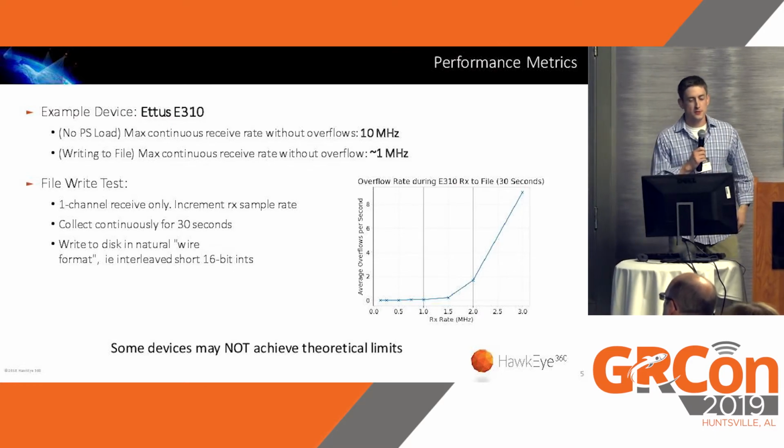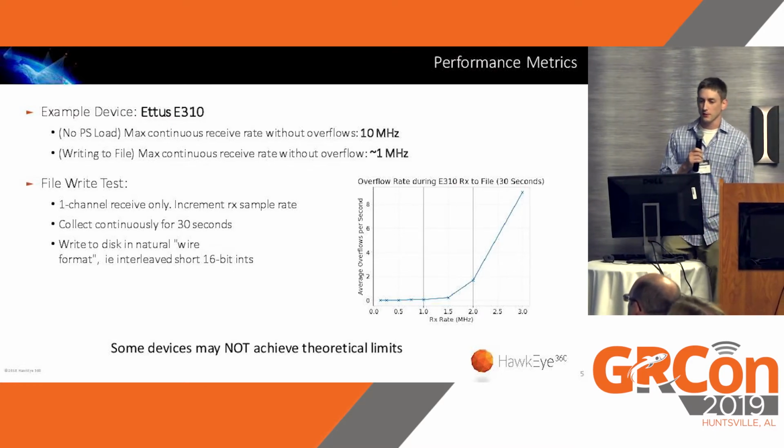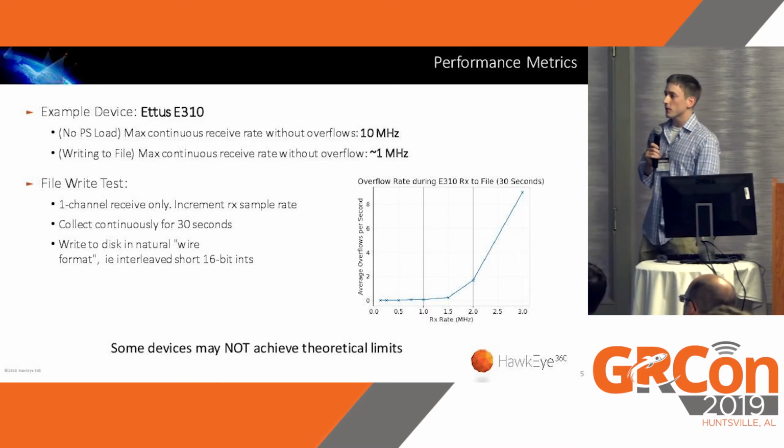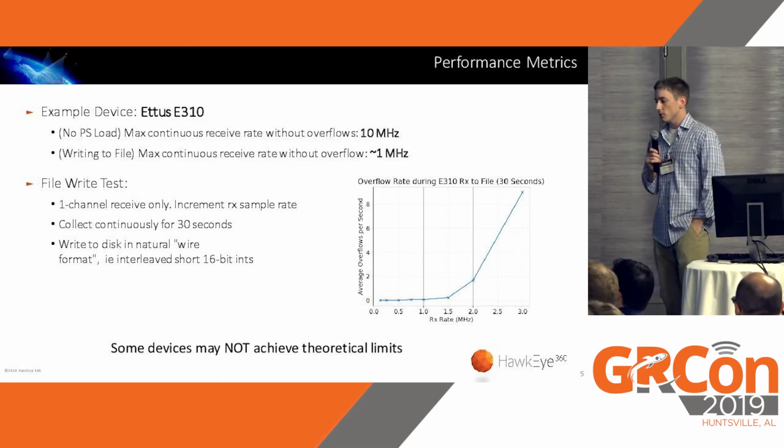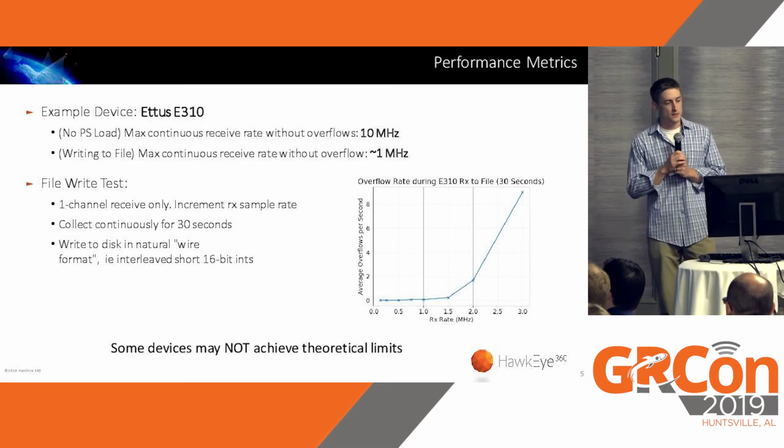For an example, let's characterize what the E310 gets as far as trying to take data straight off the 9361 and save it to disk.